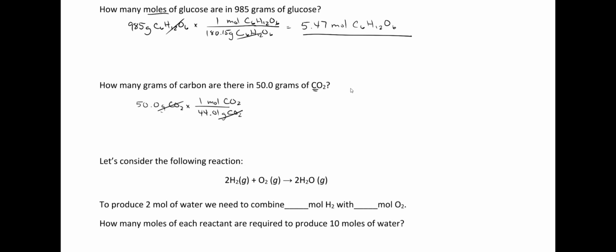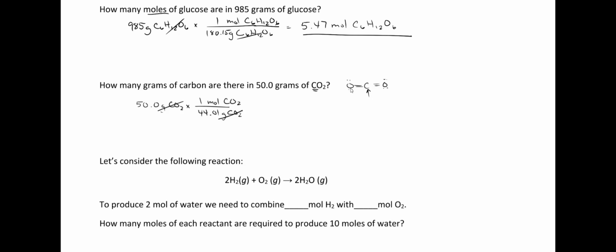Now, looking at the formula, what is this telling us? Well, for every carbon dioxide molecule, I've already drawn this a few times, I think, in the notes, every one of these has one carbon atom in it. Every 2 carbon dioxides have 2 carbons. Every 10 carbon dioxides have 10.